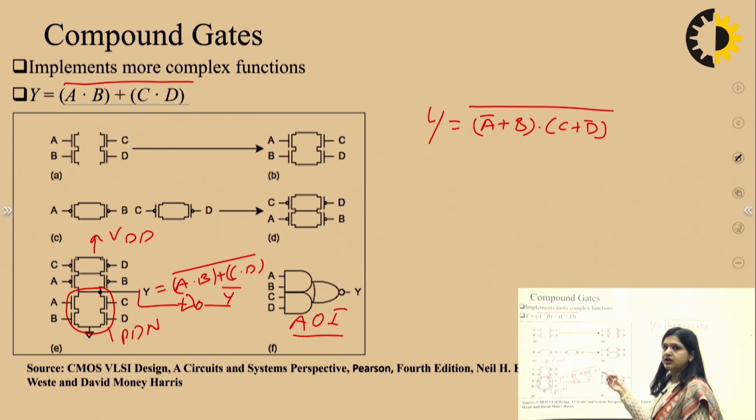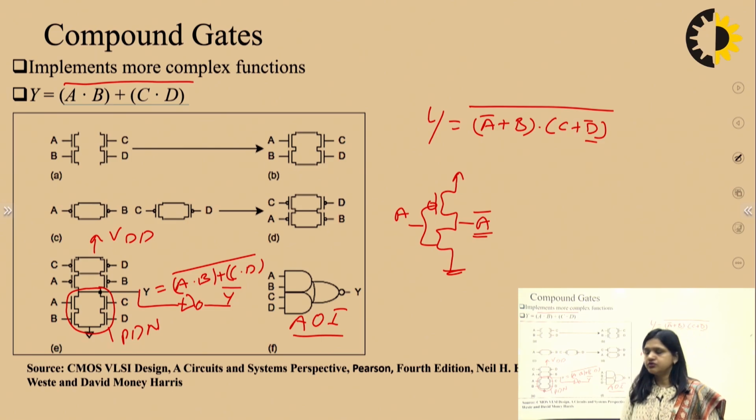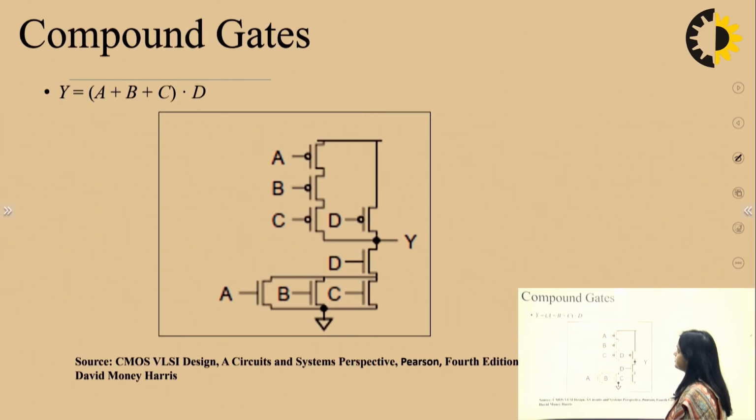So to implement A bar, you have to add one additional CMOS inverter where you will apply A as an input and you will get A bar at the output, and this A bar must be connected in the PDN and PUN. So first we have to implement this A bar and D bar, then only you can implement this function. So this is how you can implement any logic expression. So this is again one of the compound gates.